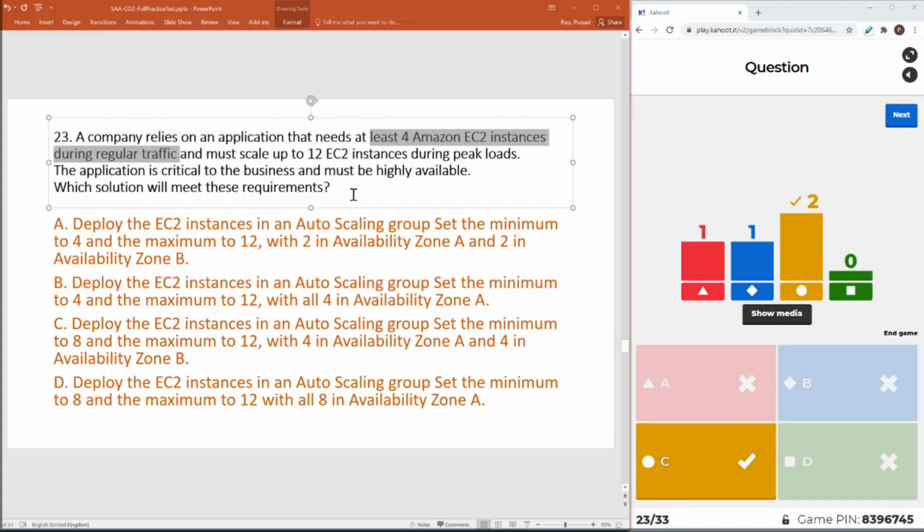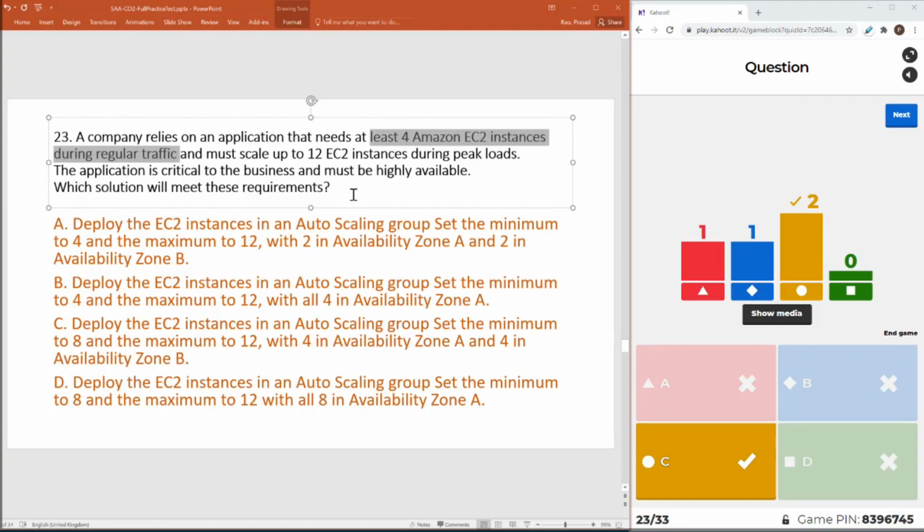There is no requirement of cost optimization. It says that there should be a minimum of 4 instances, and because it's a business critical application, it should be highly available, with no consideration of cost. Then, even before reading the options, what should come to your mind is that you can have at least 4 across multiple availability zones.